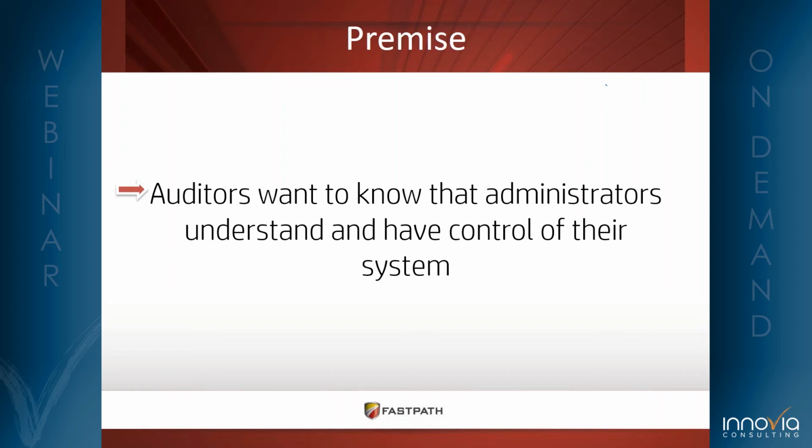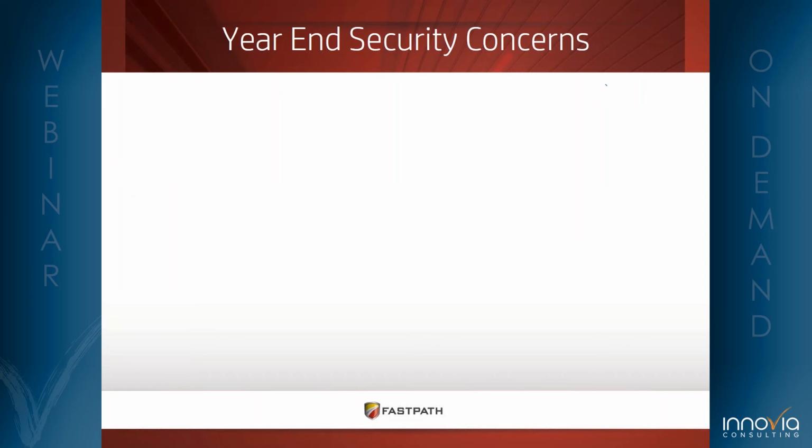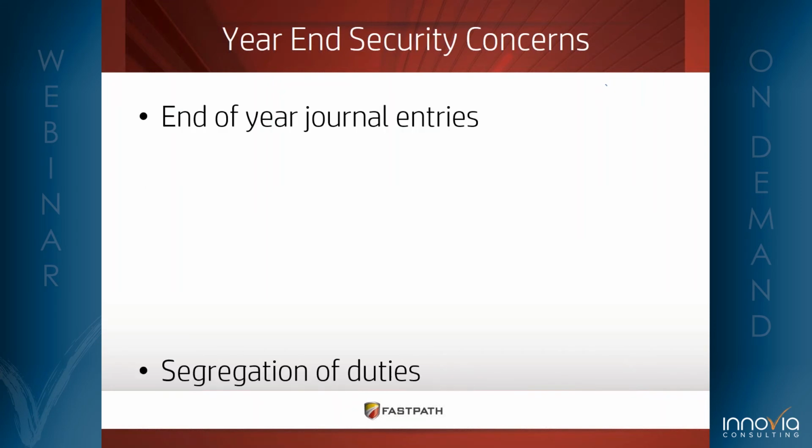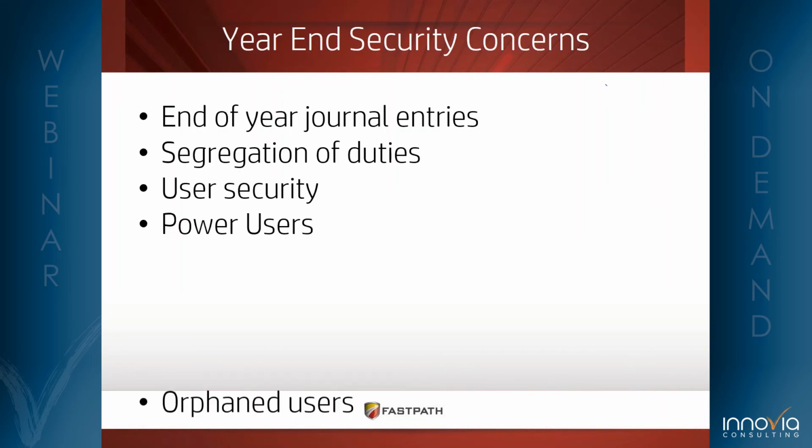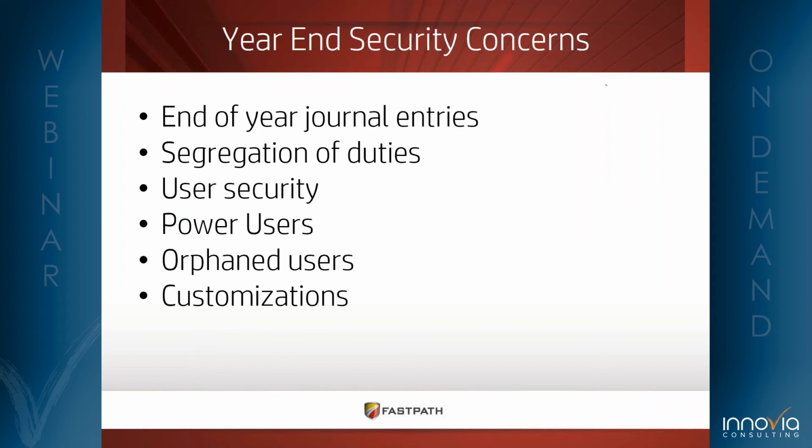Today we're talking about year-end security considerations for Dynamics NAV because auditors want to know that administrators understand and have control of their system. The areas we're going to focus on in the presentation today are end-of-year journal entries, segregation of duties, user security, orphaned users, using customizations in place of security measures, and the processes that you have in your organization.